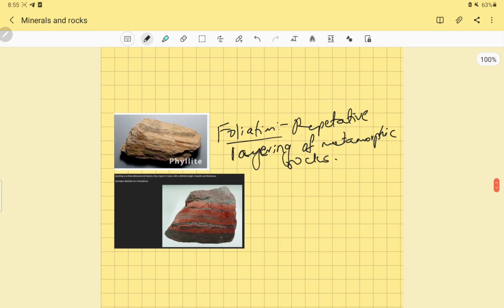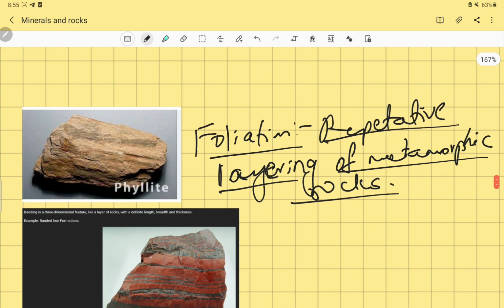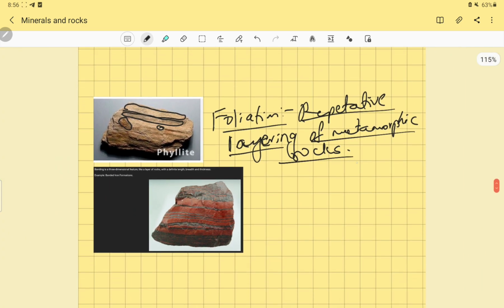Foliation is repetitive layering of a metamorphic rock. You can see here, there is one layer over here, the black layer. Then you have some other color layer. Then you have here a brown layer. Then you have some white patches here. So foliation means repetitive layering of metamorphic rock.